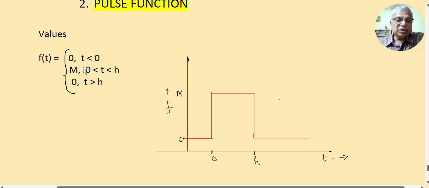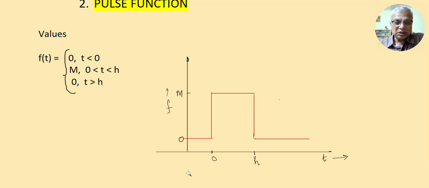So f of t equal to 0 for t less than 0. T less than 0 is this period. From here onwards, the value of this function is 0.